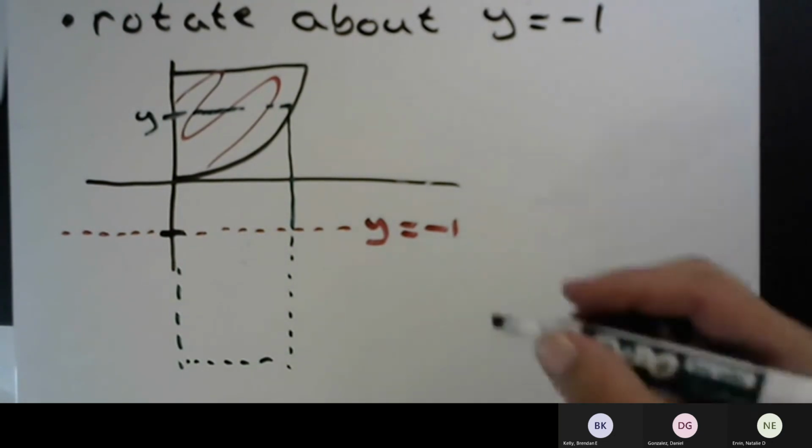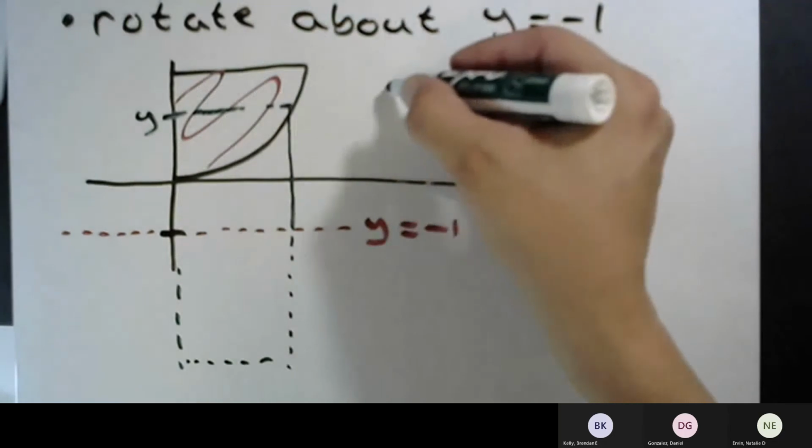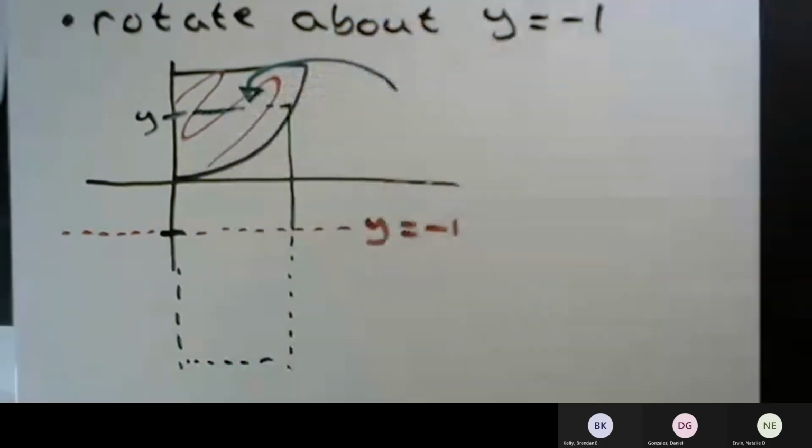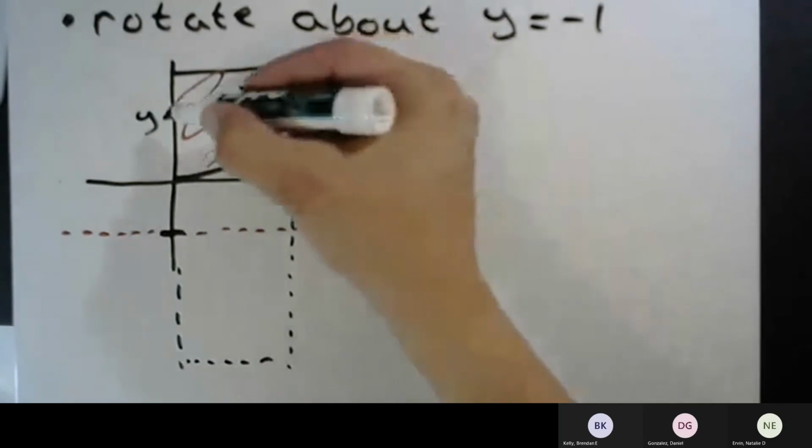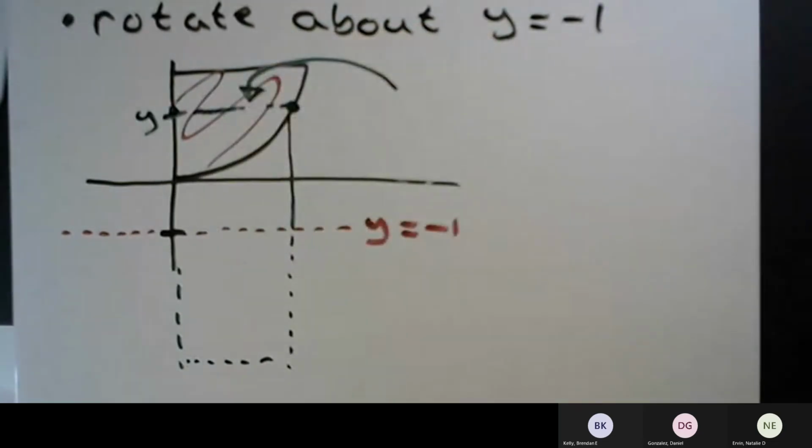So again, we need a height and a radius. So the height of the cylinder is going to be the distance from this curve to the y-axis.